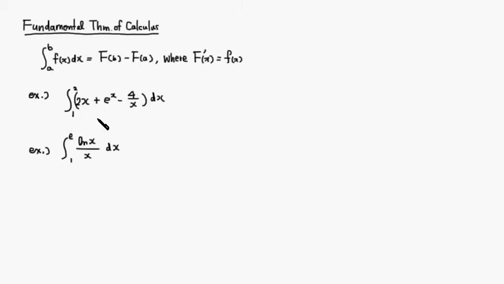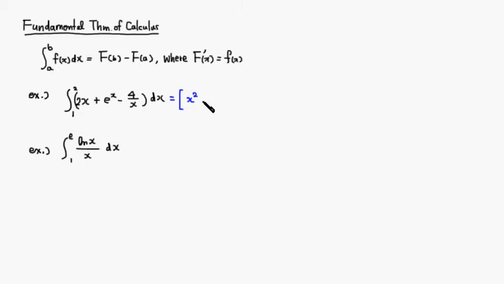All right, let's look at a couple of examples. So we have, let's say, the definite integral from 1 to 2 of 2x plus e to the x minus 4 over x dx. What you do is first put a square bracket and then write down the antiderivative. The antiderivative of 2x is x squared.